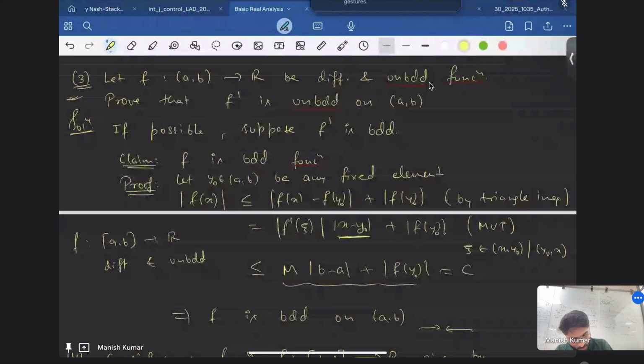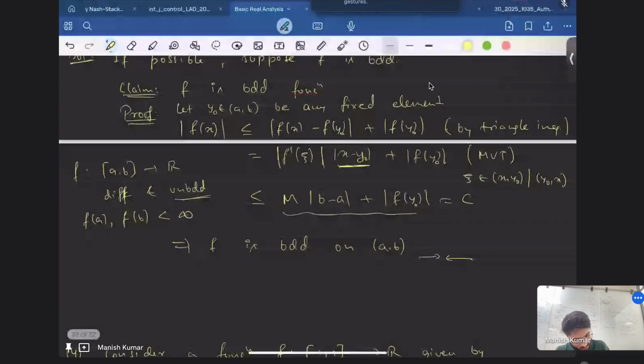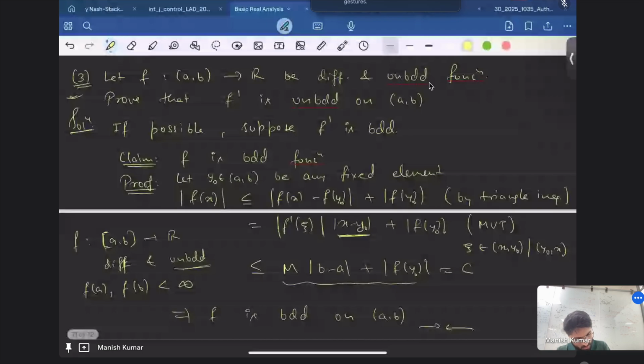So f is given to be differentiable and unbounded. f of A and f of B are anyway finite, because f(A) and f(B) make sense. Now f prime is unbounded on AB. I think it follows just from the above case.